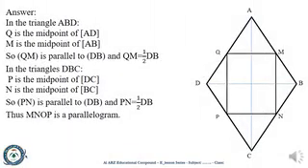So first of all, let's try to prove that the quadrilateral MNPQ is a parallelogram, and as I said, the way to do it is to prove that it has 2 sides that are parallel and equal. And the easiest way to do it is just to pick 2 sides and try to prove that they are parallel and equal. Alright, guys?